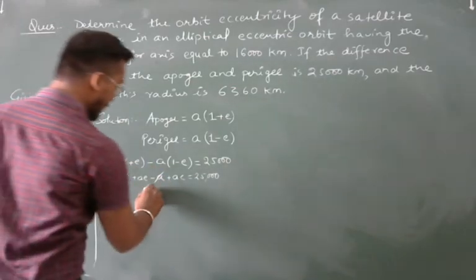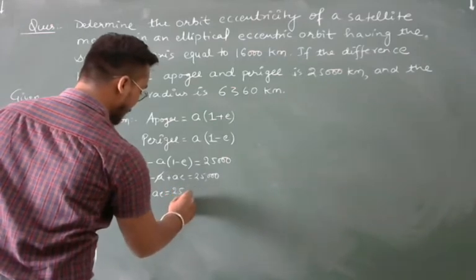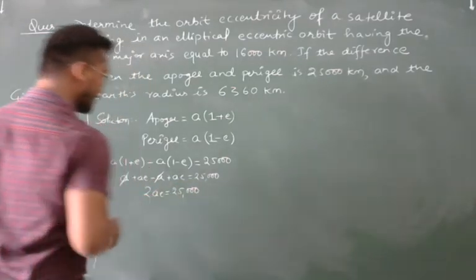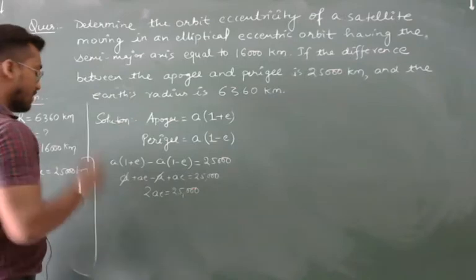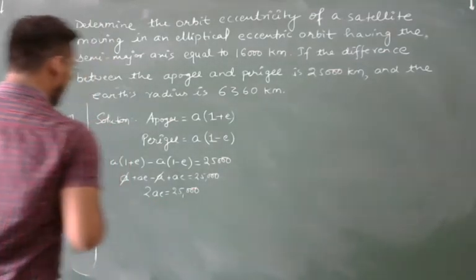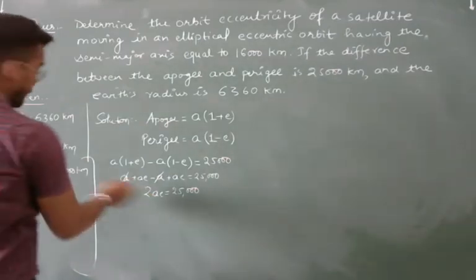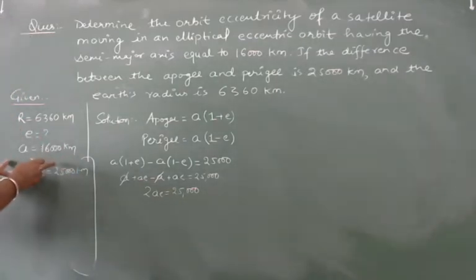What we have is 2AE equal to 25,000 kilometers. So from here, what do we have to calculate? E.